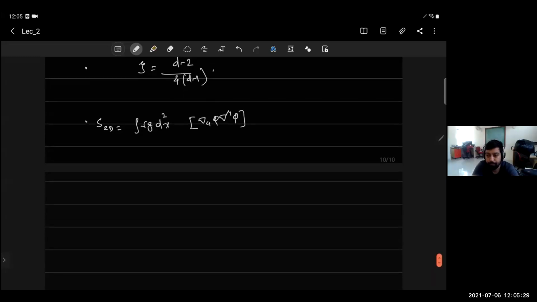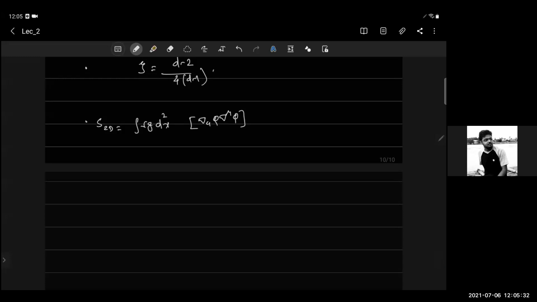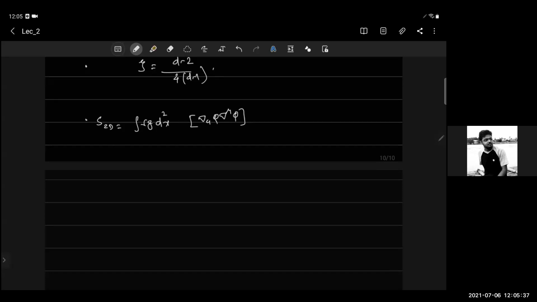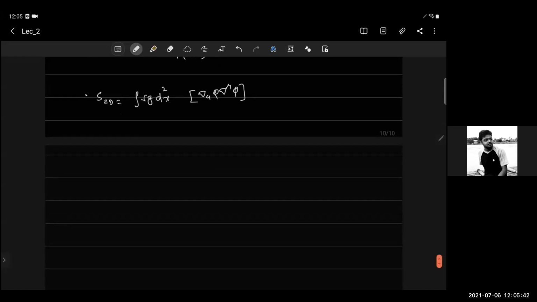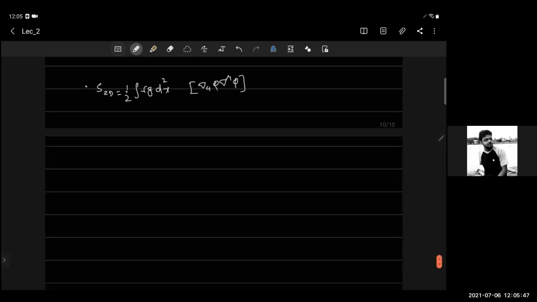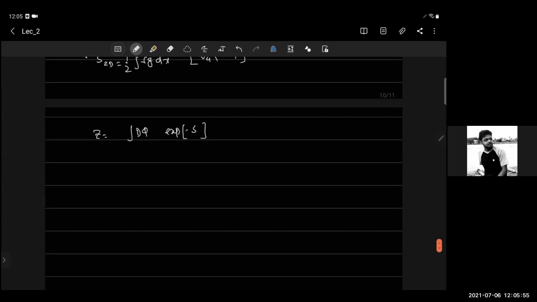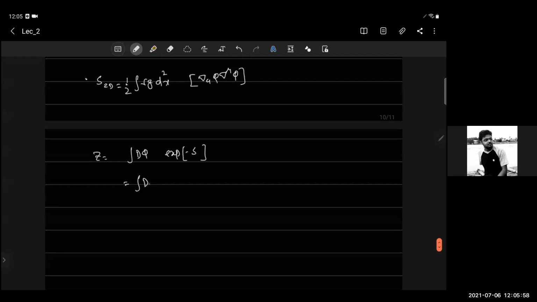Why am I doing this? Because I need to evaluate the partition function ultimately on the S2 branched sphere. So the action is root G d2x del mu phi del mu phi, with a half outside, of course. The partition function is written as the integral of D phi exponential of minus S, where you plug in that action, minus half root G d2x del mu phi del mu phi.